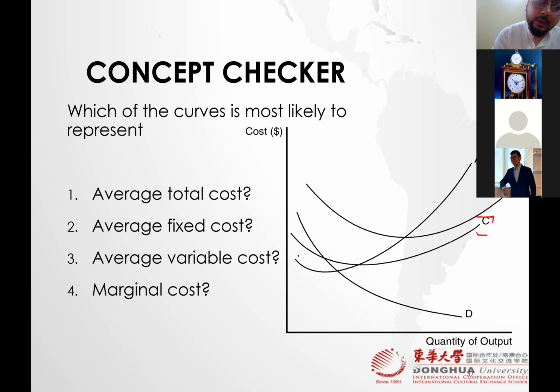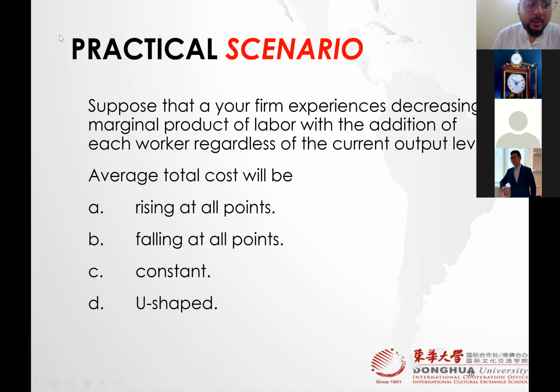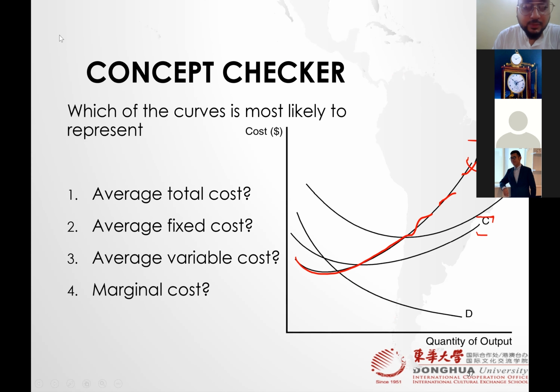So the only cost that crosses is A. So A would be the MC, B would be the average total cost, C would be the average variable cost, and D would be average fixed cost, right?